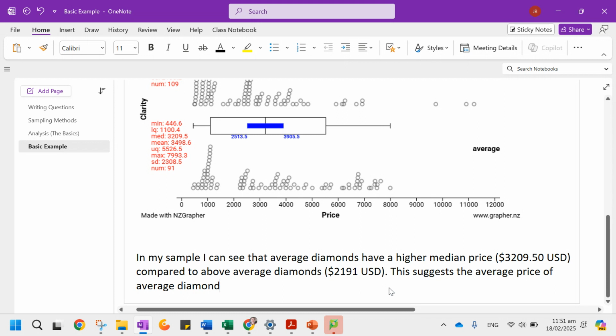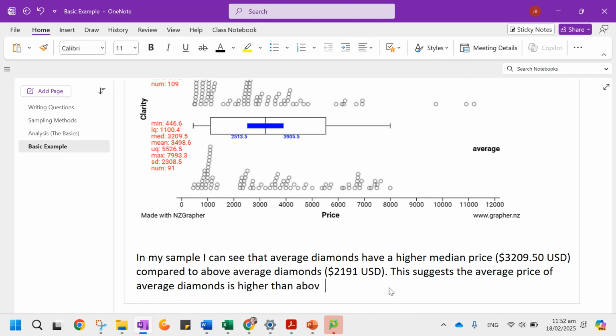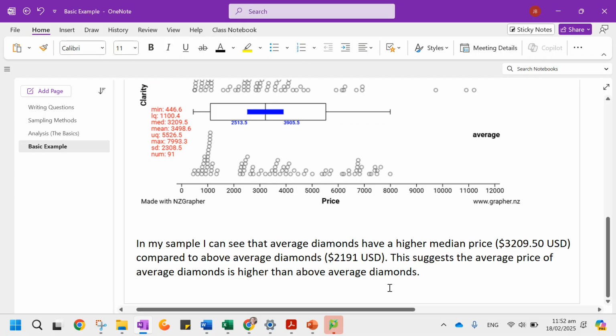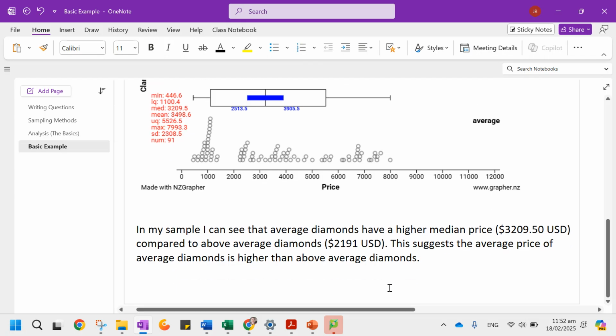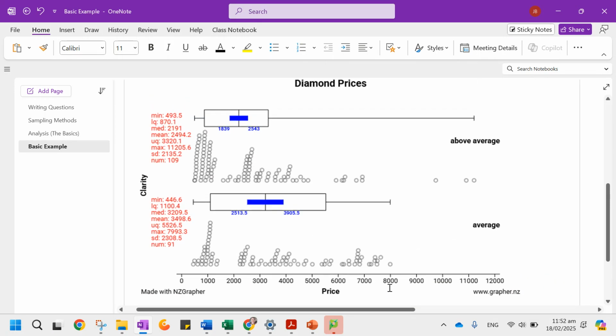I'm going to be saying average a lot, aren't I? And it is a bit repetitive, and that's fine. Okay, so this suggests the average price of average diamonds is higher than above average diamonds. Done. Analysis part 1.